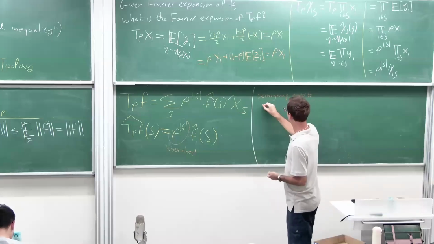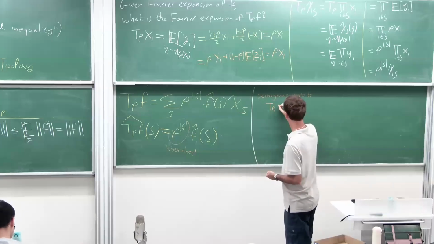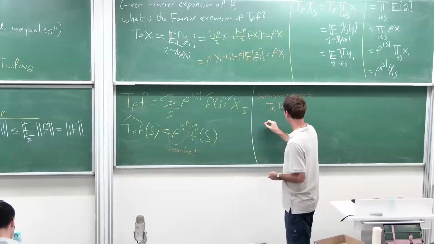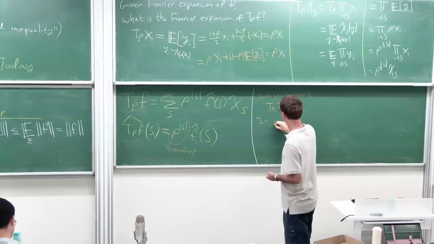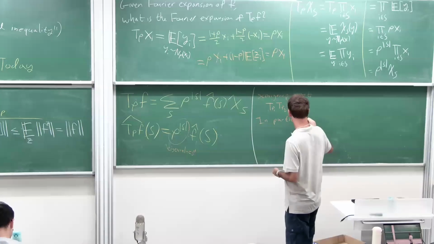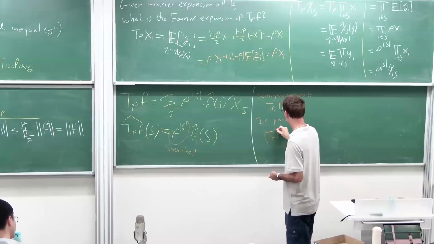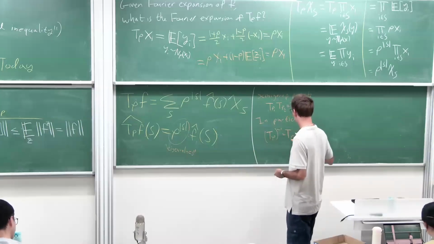So T rho 1 T rho 2 is the same as T rho 1 rho 2, and in particular, the inverse of T rho is T rho minus 1.